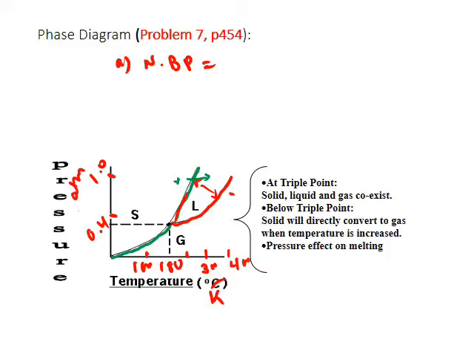Let me draw that line in blue, trying to get it as horizontal as possible. Then you go vertically downward, so you get somewhere in here. That's approximately, I would say, 350 Kelvin.